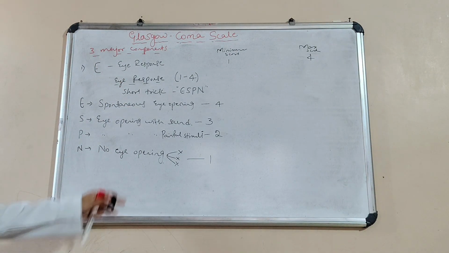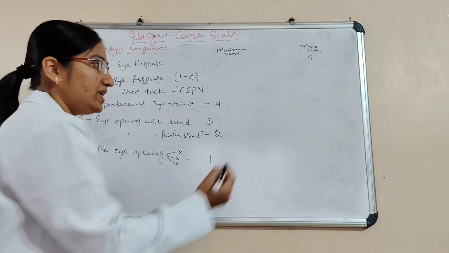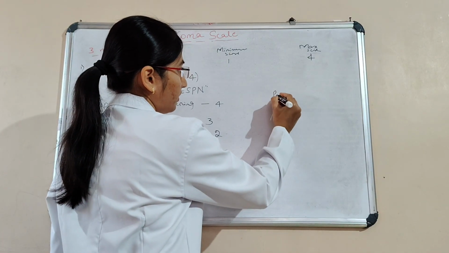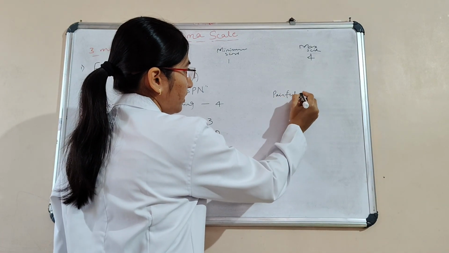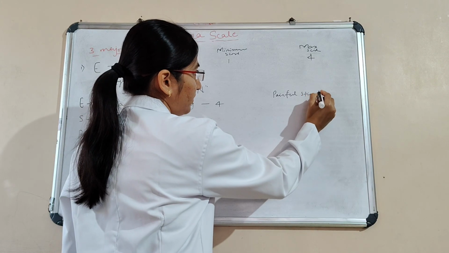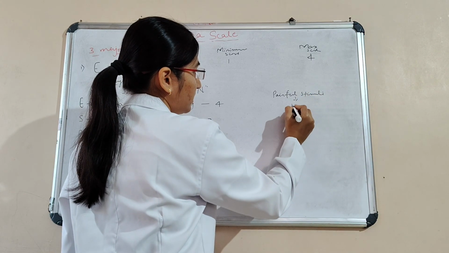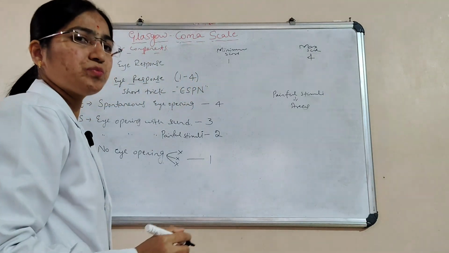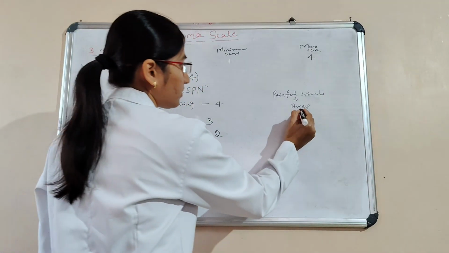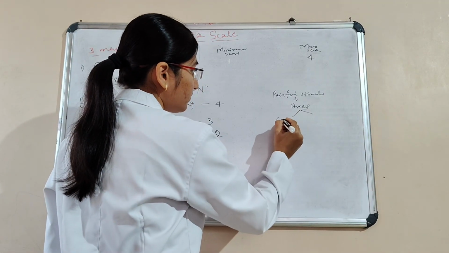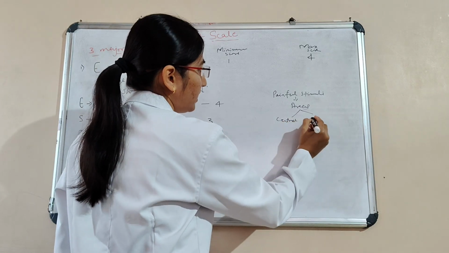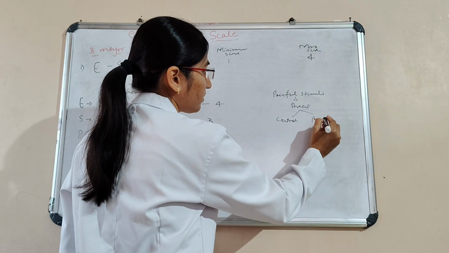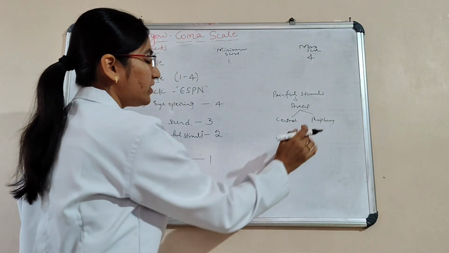Here we'll see the painful stimuli areas. The areas are of two types: one is central, another one is peripheral. In the periphery, the nail beds.